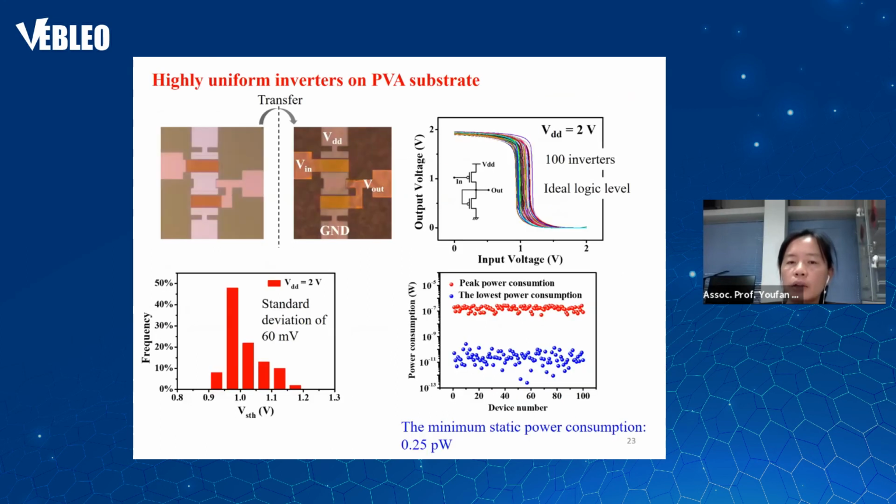And similarly, we check the basic logical gates, the inverters, and we show that in this case, the minimal static power consumption can be as low as 0.25 pW here. So the power consumption is well minimized.